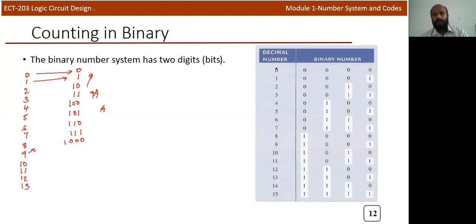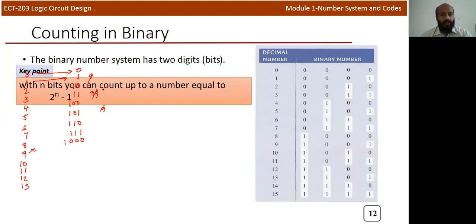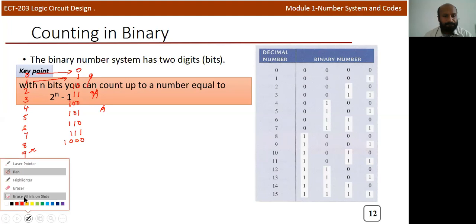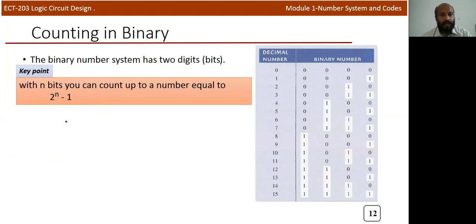But here I will take one more point: by using binary numbers, or if you are using n bits to represent the binary number, you can count up to, and this is a very important formula you should remember, 2 raised to n minus 1.